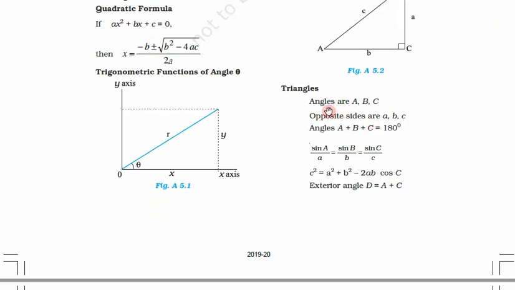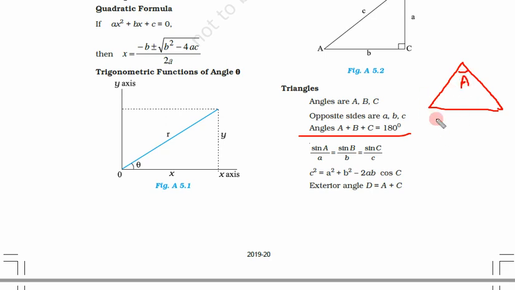Now in triangles, angles are A, B, C and opposite sides are a, b, c. You all know that the sum of angles of a triangle is 180 degrees. Let us make a triangle ABC.